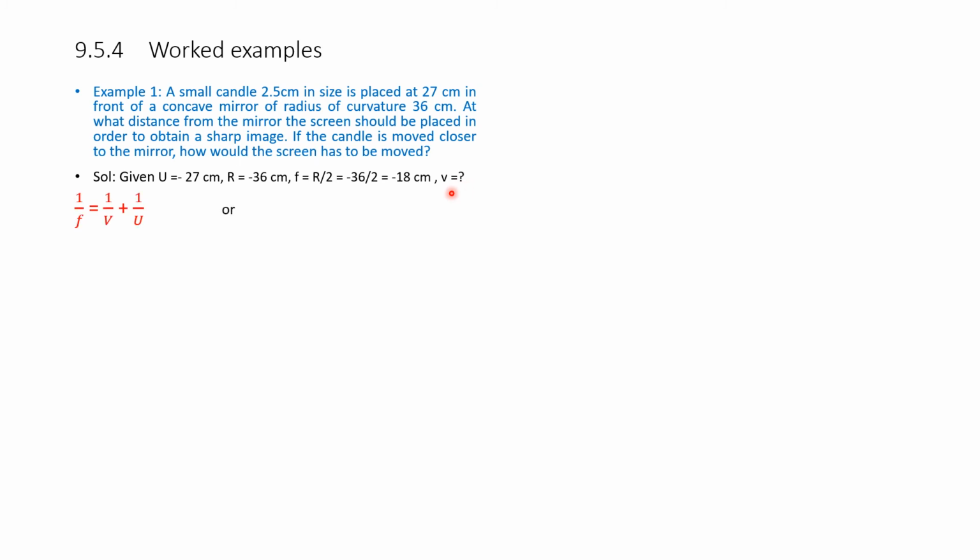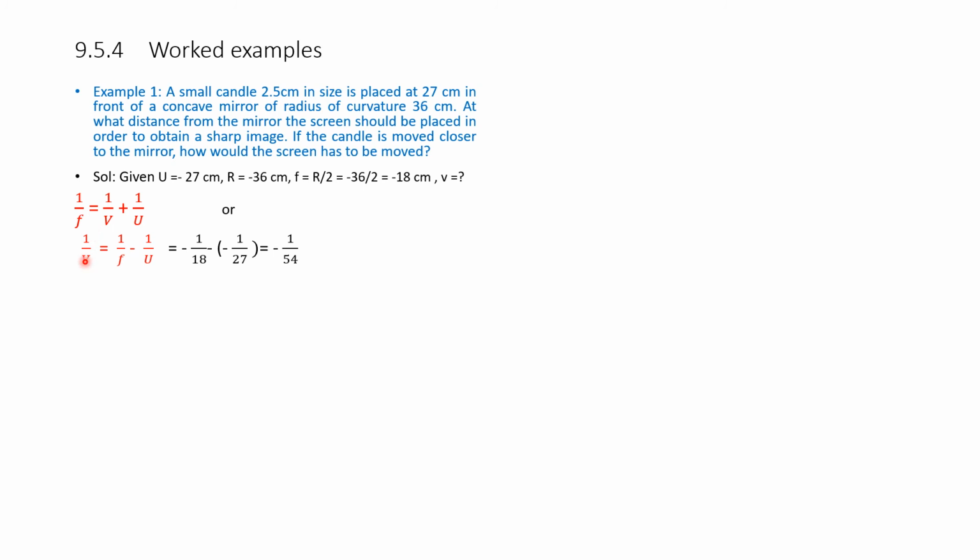We know the formula 1 over F is equal to 1 over V plus 1 over U, or retaining V, we are rearranging this, 1 over V is equal to 1 over F minus 1 over U, that is equal to minus 1 over 18 minus of 1 over minus 27, that is equal to minus 1 by 54.